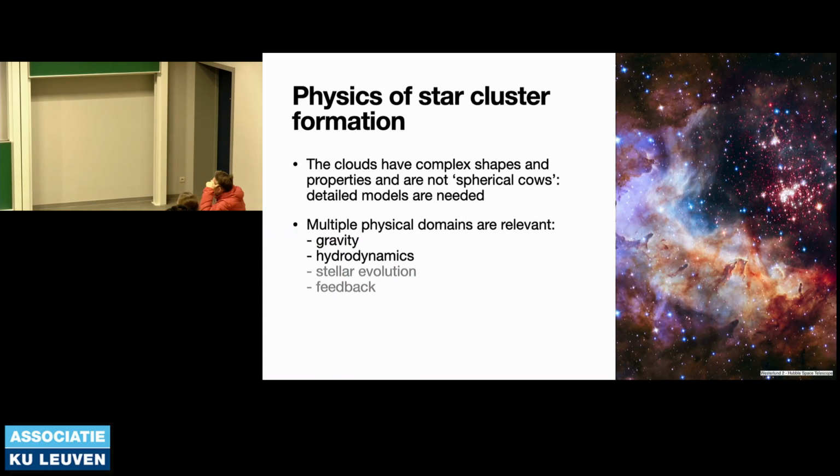You need to look at both gravity, hydrodynamics, stellar evolution, and feedback as well. Now, I'm focusing in this talk only on the first two, really, just gravity and hydrodynamics. Stellar evolution is sort of included, but it's not really important on the timescales that I'm looking at. So that's greyed out.